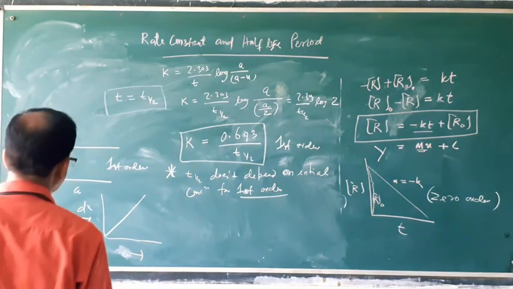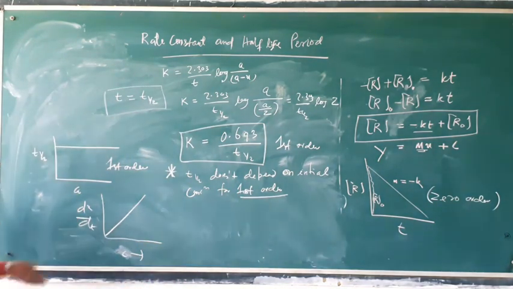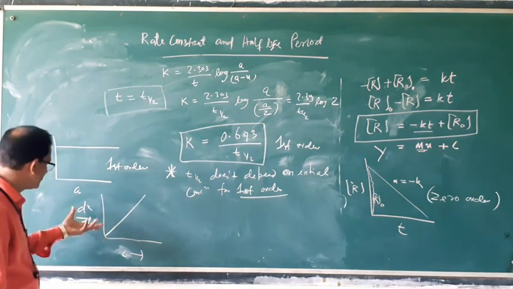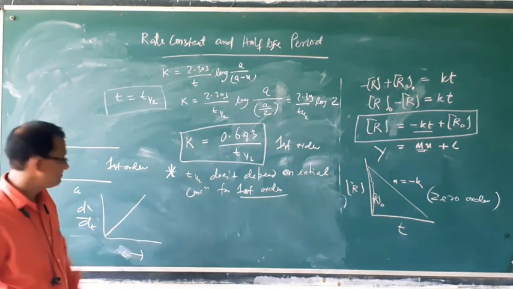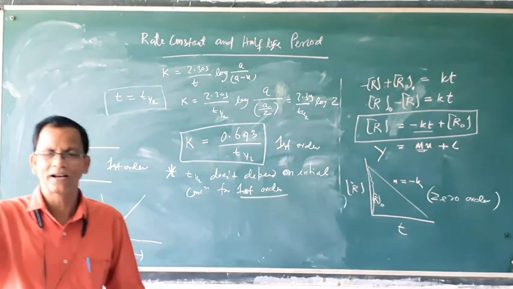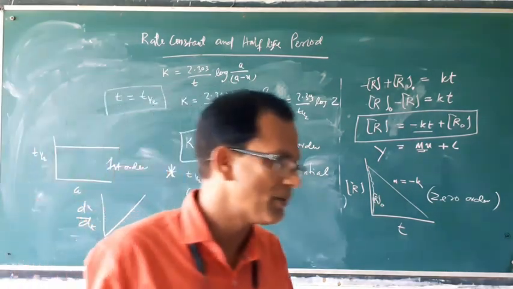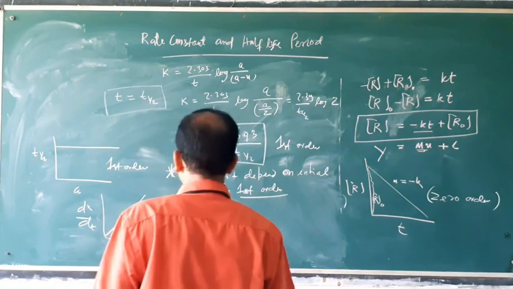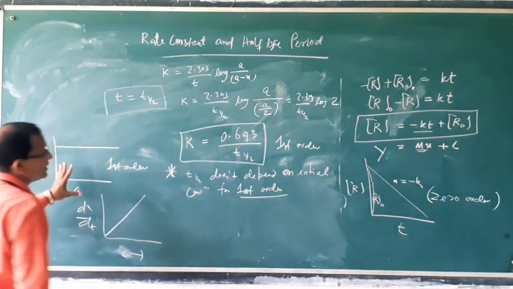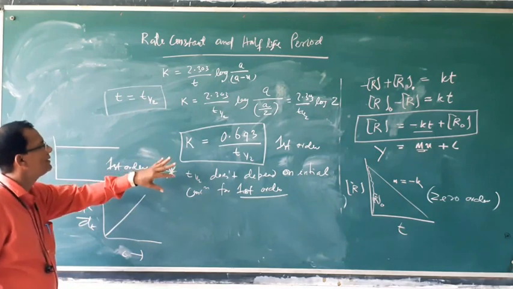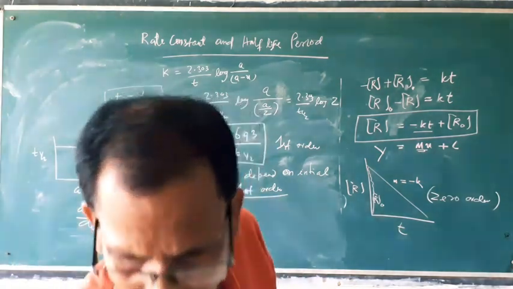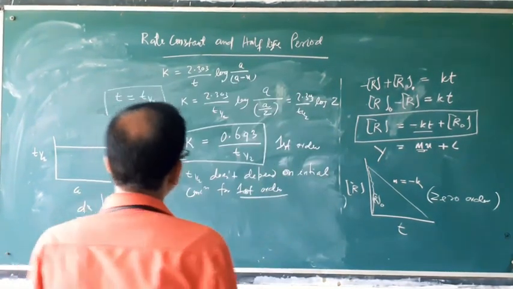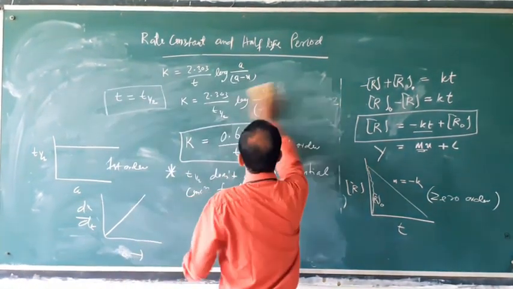If concentration increases, then rate also increases. If concentration decreases, rate decreases. This is for first order. But for zero order, it is just parallel to the x-axis. We have already discussed, for zero order and first order, the expression of rate constant and half-life period.